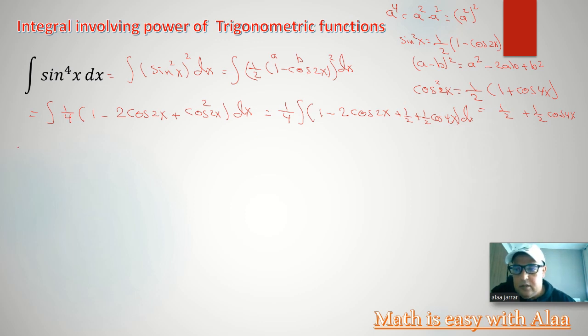Now 1 over 4 antiderivative. Now we have two constants, 1 and 1 over 2. Add them, it will be 3 over 2, minus 2 cosine 2x, plus 1 over 2 cosine 4x, dx.